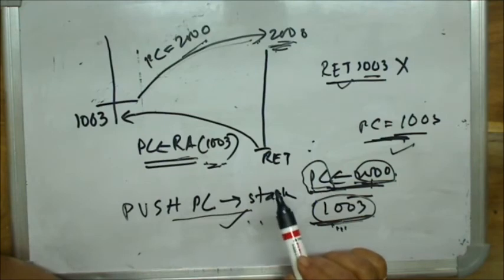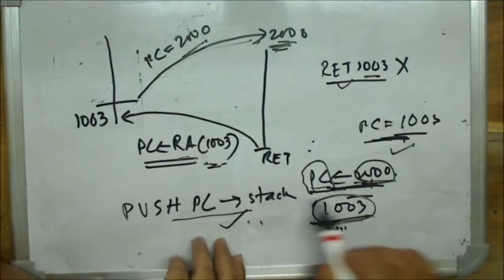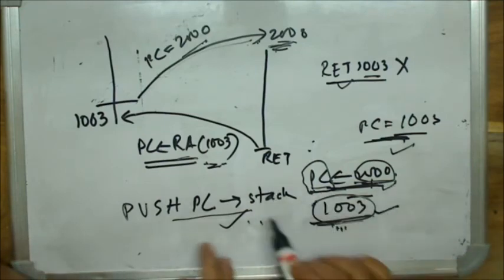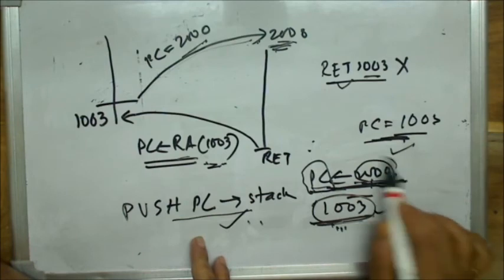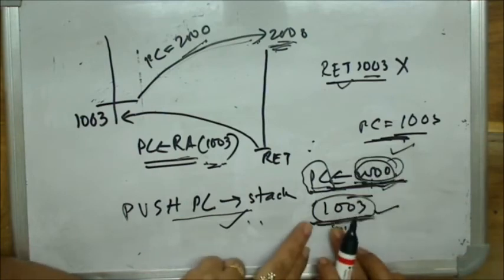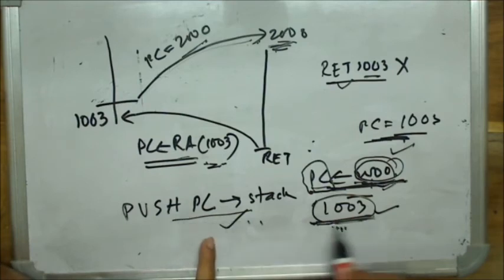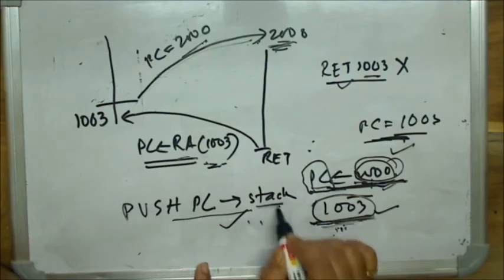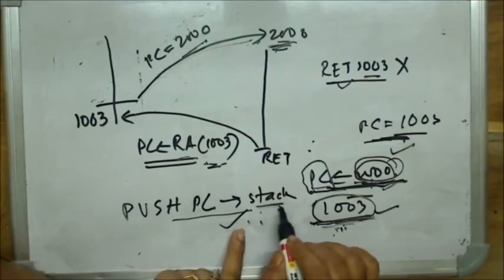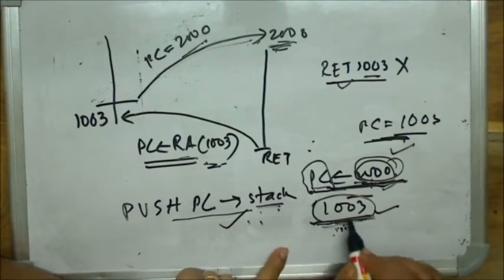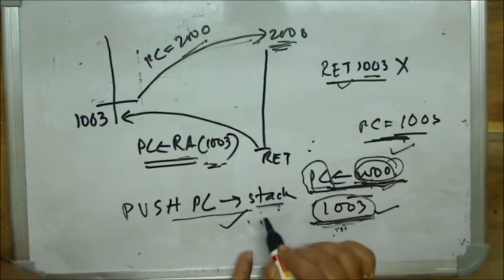So it is made in such a smart way that before loading the data 2008 and before losing the data 1003, what it has done is push this 1003, the program counter address, into the stack. Understood? It stored the return address which was in PC to a safe place called the stack.